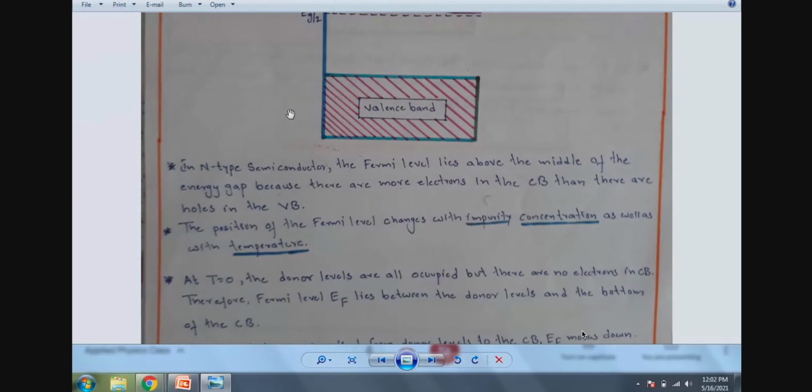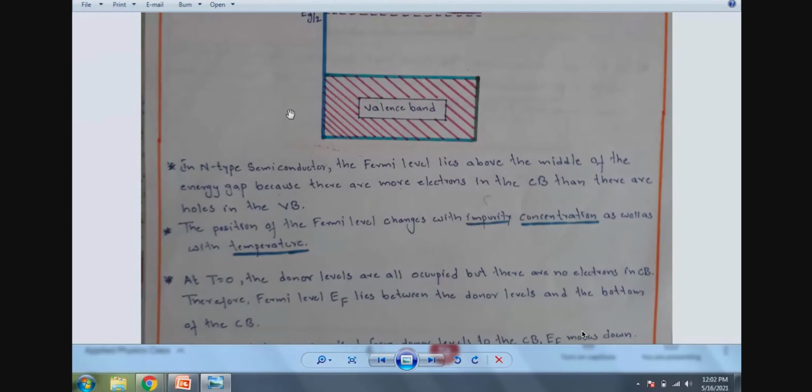Similarly, you are finding the number of vacancies per unit volume in the donor level. For that, we have the formula: the density of empty donors is given as nd into 1 minus f of E.